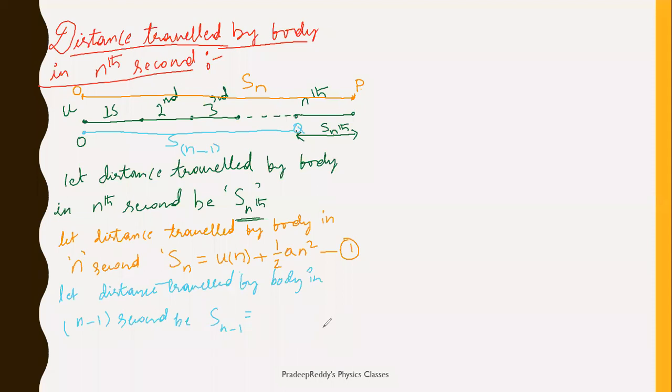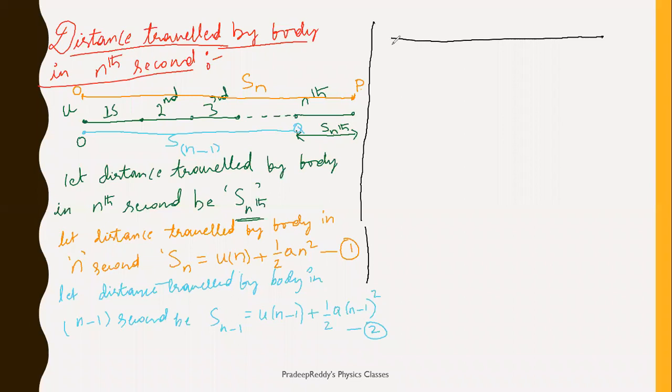Next, the distance traveled in n minus 1 second will be U into n minus 1 plus half a into n minus 1 whole square. Let this be equation number 2. Okay, I'll draw the figure for your understanding one more time.